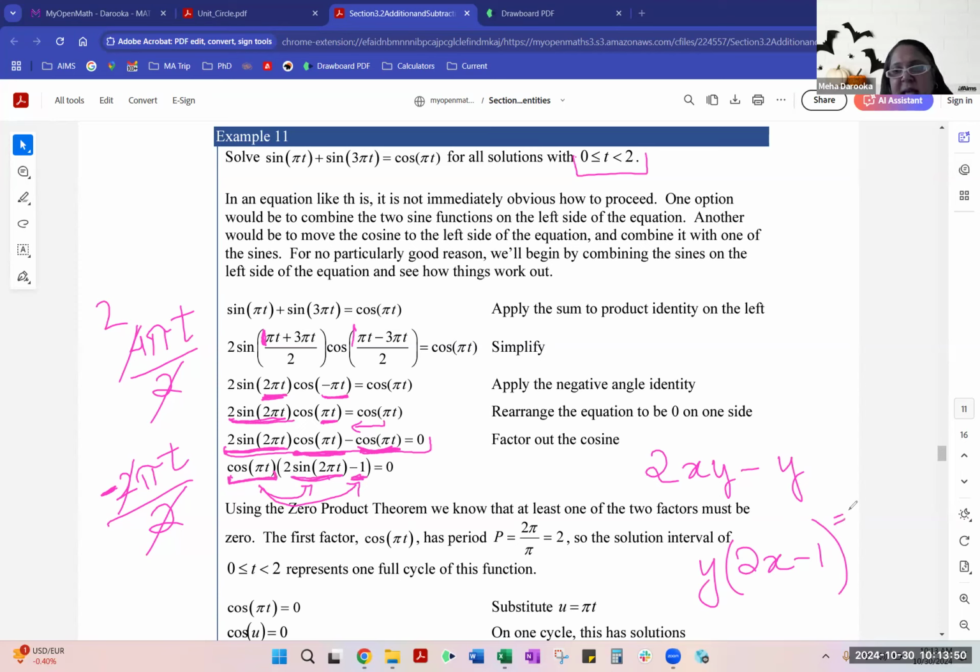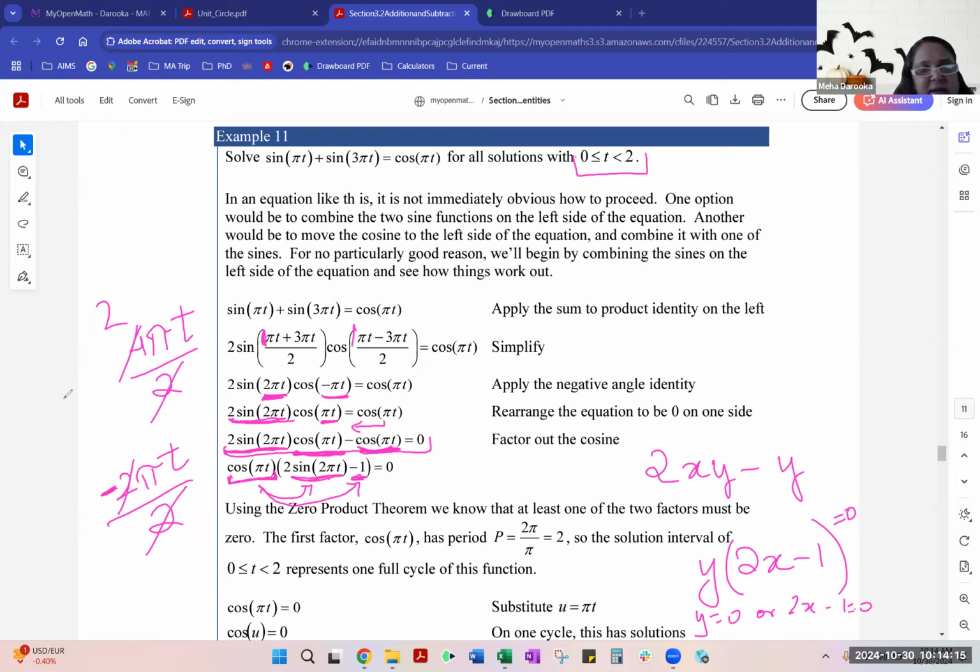With this being equal to 0, you would then take each factor and set it equal to 0. In the next stage, we're going to use the zero factor theorem, or they're calling it the zero product theorem here, and set each one of these equal to 0, and then solve from there. Before we do that, let's talk about what the period of these functions is.